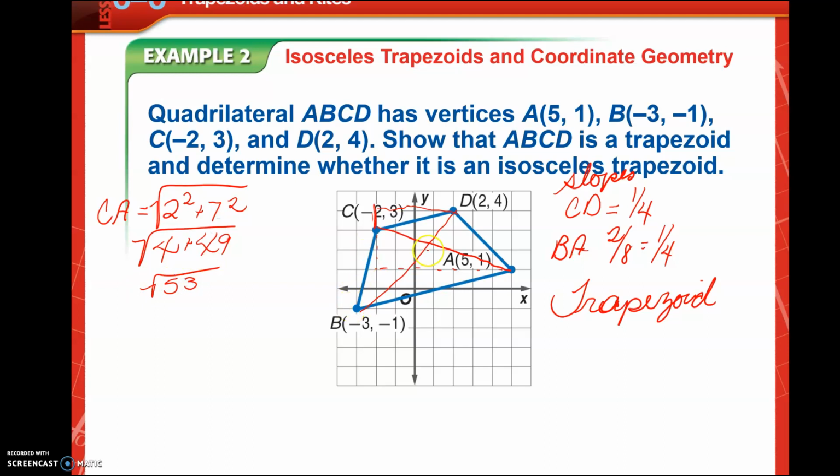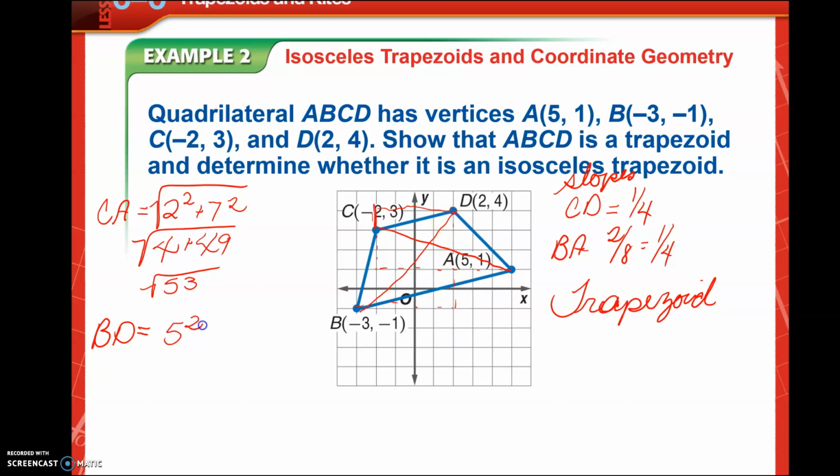So now let's look at BD. BD equals, so to get from B to D, I'm going to go over and up. So I'm going over 1, 2, 3, 4, 5, and up 1, 2, 3, 4, 5.